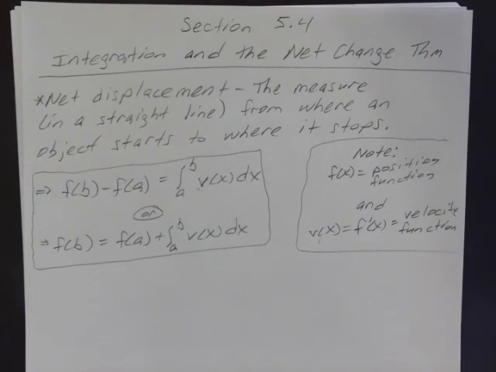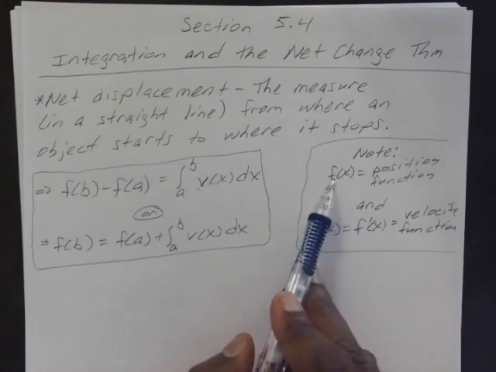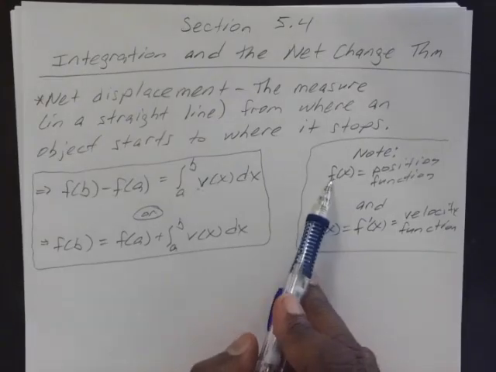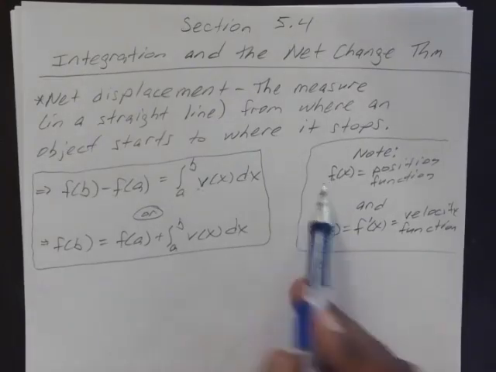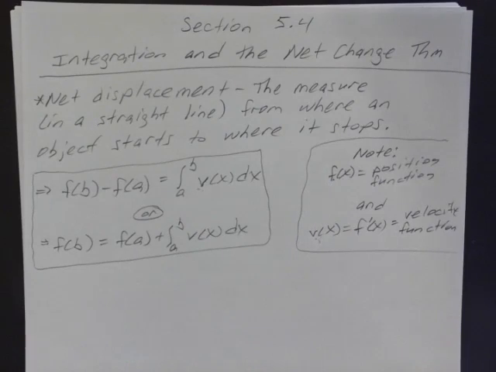Every once in a while, I don't know if it's bad programming or the computer trying to see if you understand it, they'll use v of x as just your position function, and they'll just say the function v of x. That isn't mathematically illegal, it's just not really done a lot.